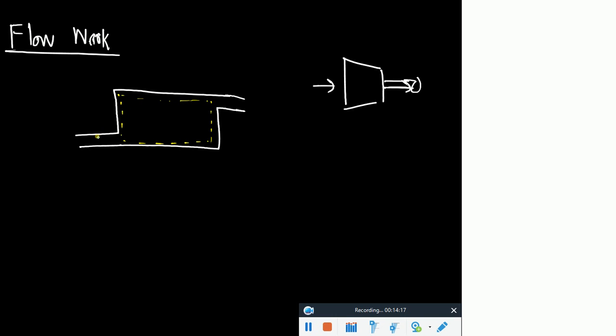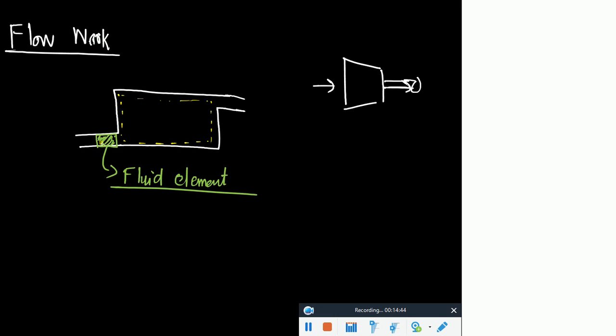Now just consider this is a small mass, a fluid element, I would call it. So for example, if I want to push that fluid element into the control volume, I just want to define work, flow work.